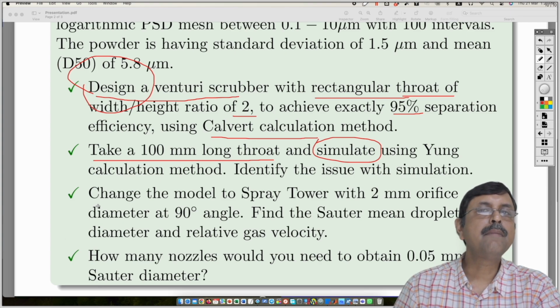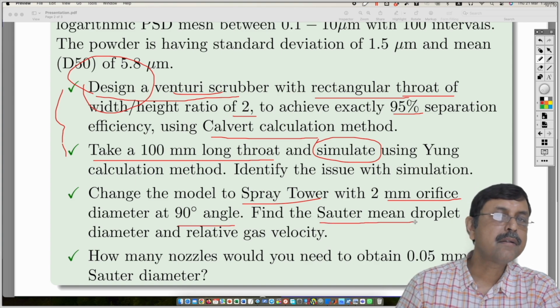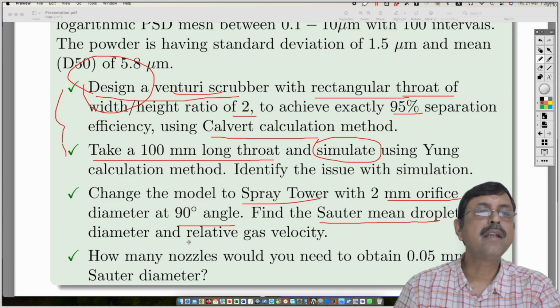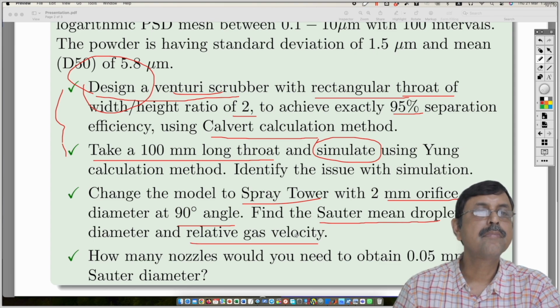In the third problem, we have to change the model to spray tower. So first 2 things we will do the Venturi scrubber, and the third problem will shift to spray tower with 2 millimeter orifice diameter at 90 degree angle, and we have to find the Sauter mean droplet diameter and relative gas velocity.